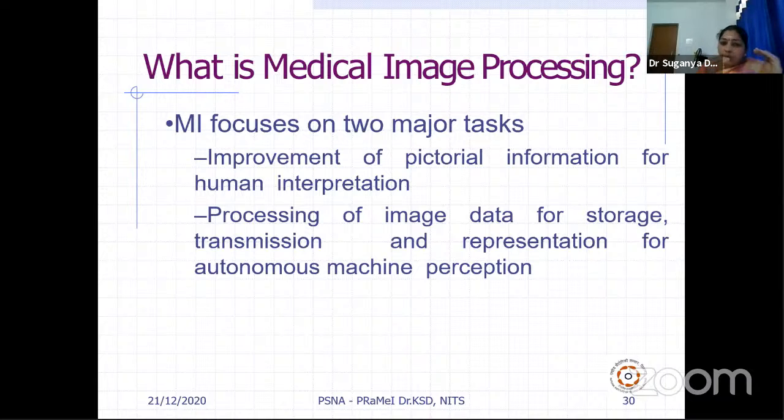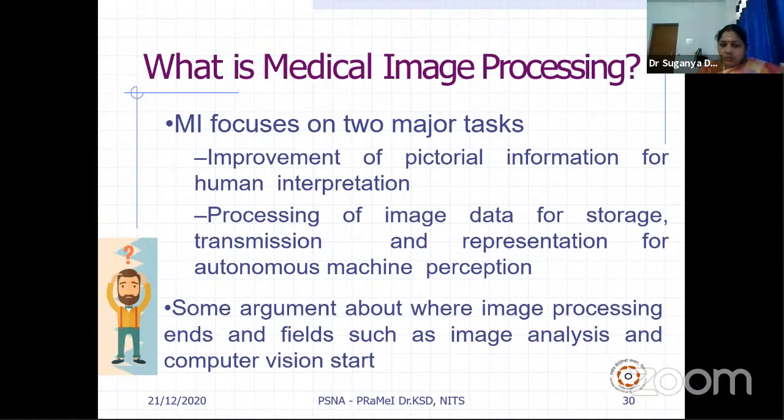That is the improvement of pictorial information for human interpretation, for the doctors. Otherwise, what we will be doing is processing of image data for storage, transmission, and representation for autonomous machine perception. That is the second category, the automated kind of thing. Okay. So these are the two focuses of medical imaging.